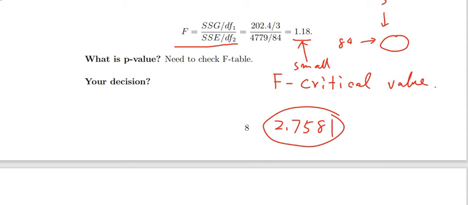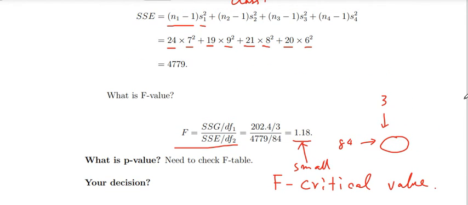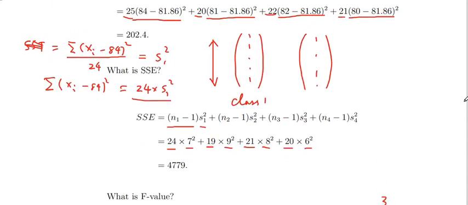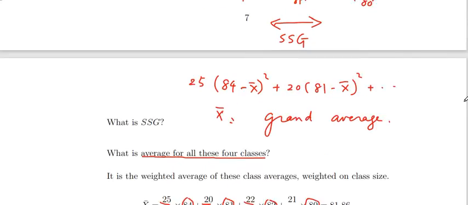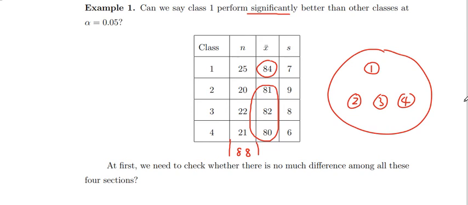Okay, so if this is small, then we say the difference is not so significant. So we can say that for the 4 classes, their performance is quite the same, and we cannot say class 1 is the best one.